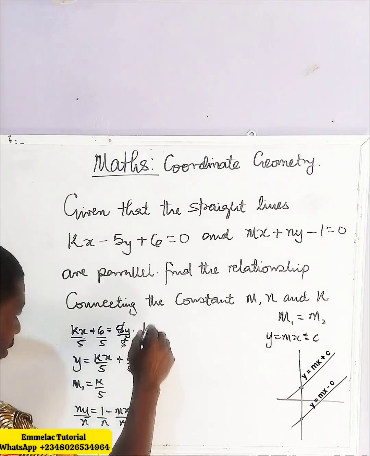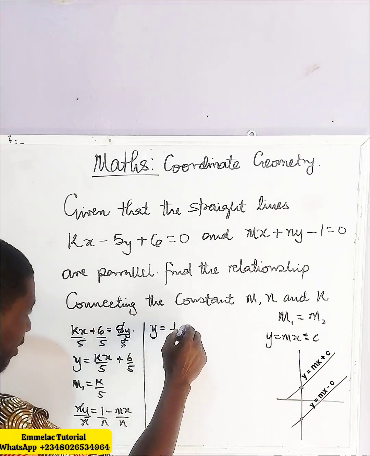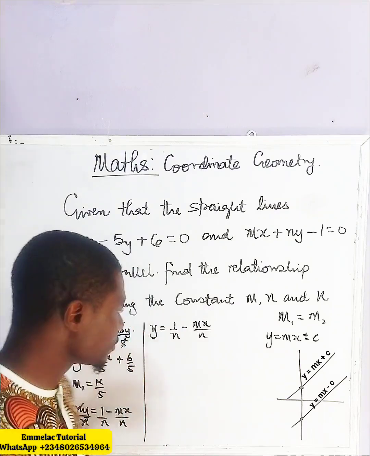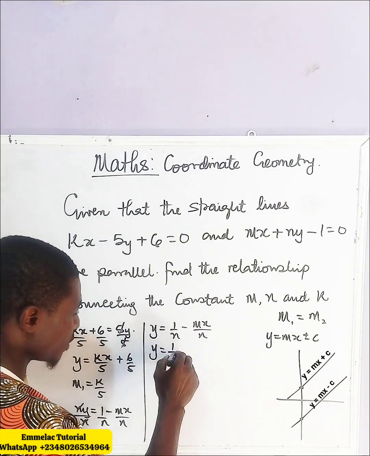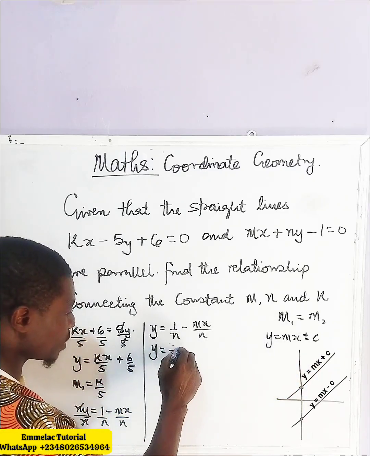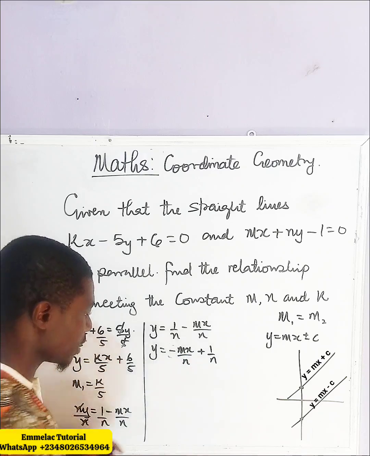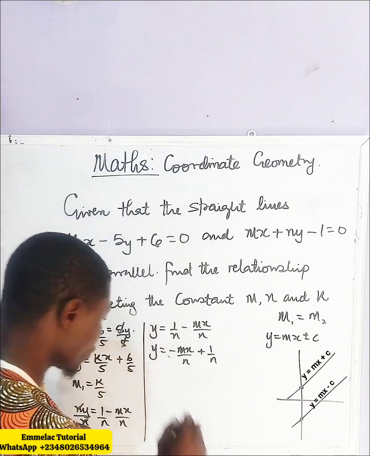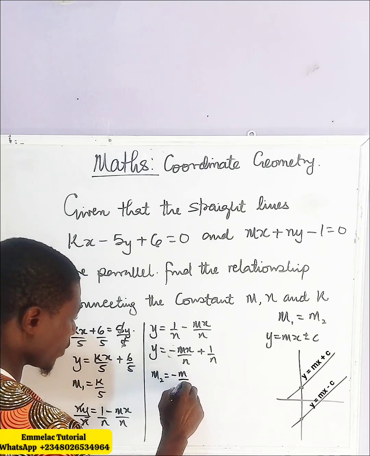So we have that y equals 1 over n minus mx all over n. To make it easier, let us present it this way: minus mx all over n, then plus 1 over n. So at this point, the slope here is m2 equals minus m over n.